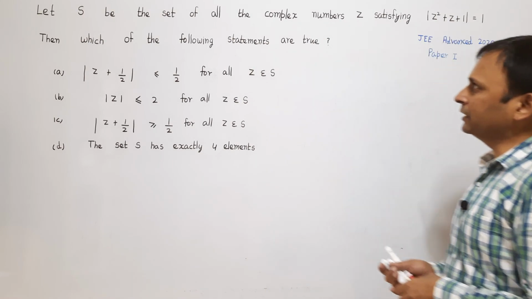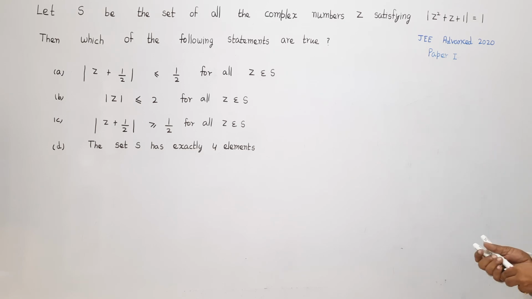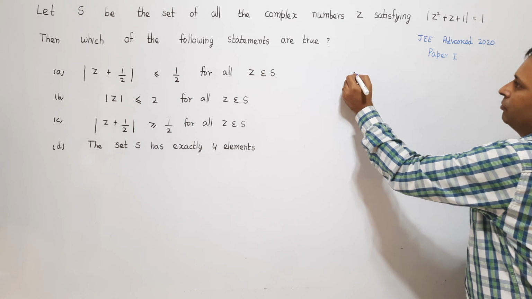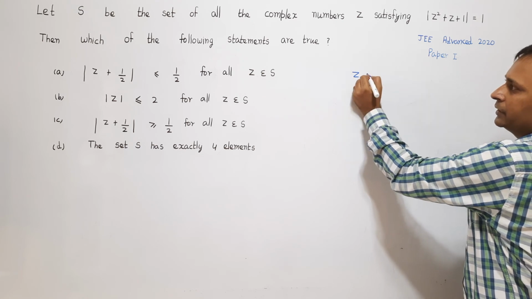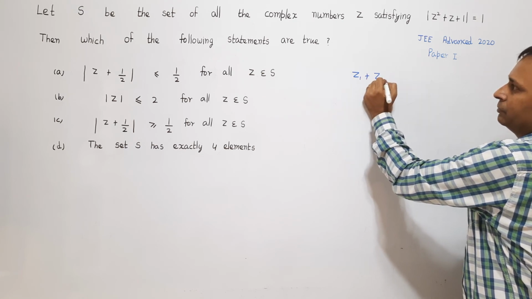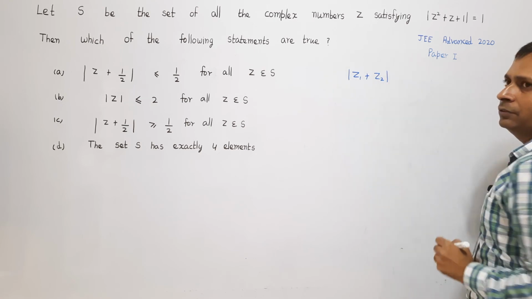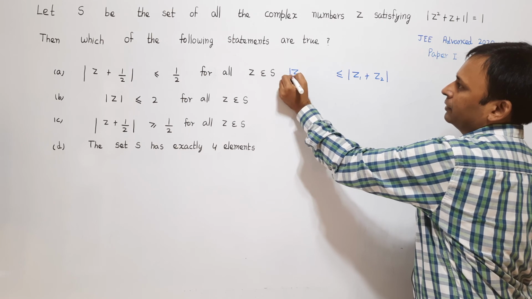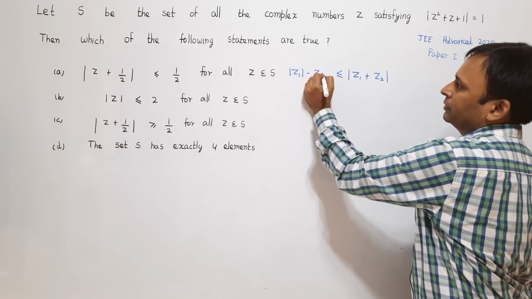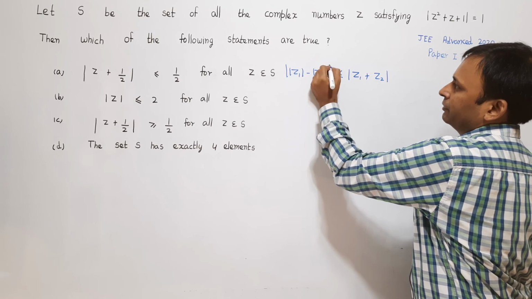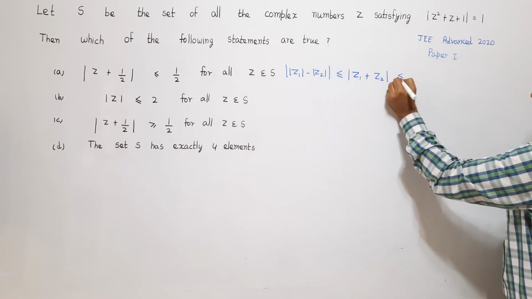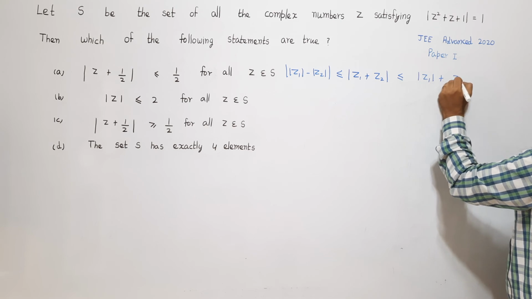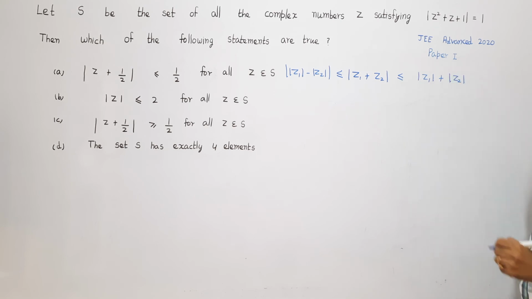So I can make use of the triangular inequalities, which says that modulus of Z1 plus Z2 is always greater than or equal to the mod of modulus of Z1 minus modulus of Z2, and this is always less than or equal to modulus of Z1 plus modulus of Z2.